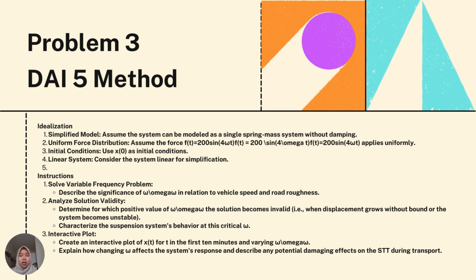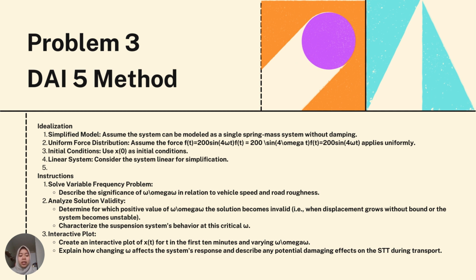The second one is to analyze solution validity, to determine for which positive value of omega the solution becomes invalid, for example when displacement grows without bound or the system becomes unstable, and characterize the suspension system behavior at this critical omega.